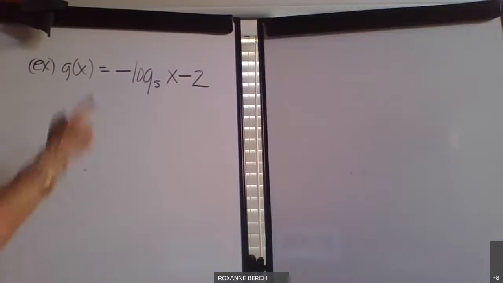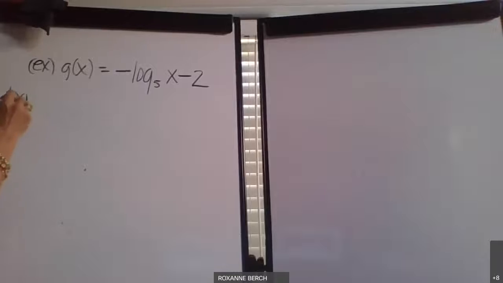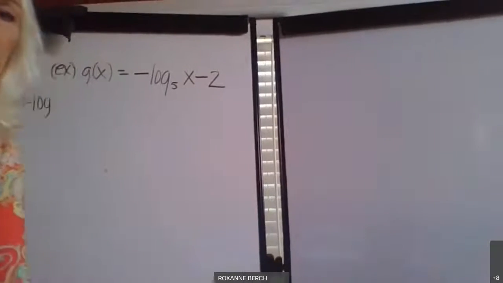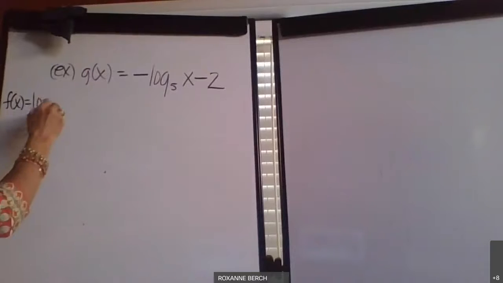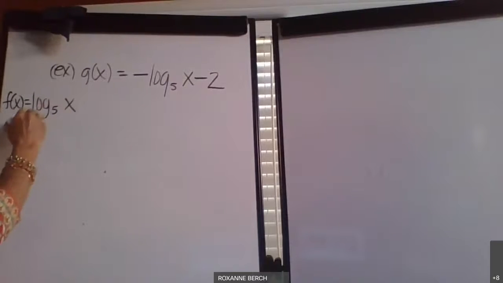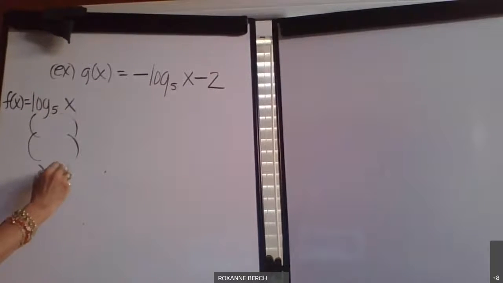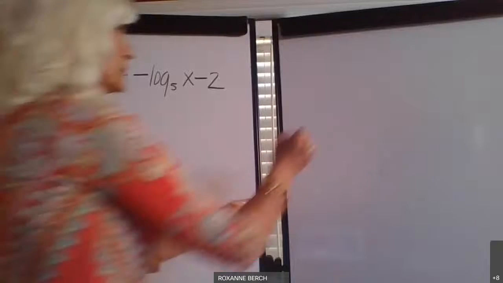All right, now the parent does not have that negative. The parent is just log base 5 of x, the most basic graph, with the vertical asymptote at x equals 0.